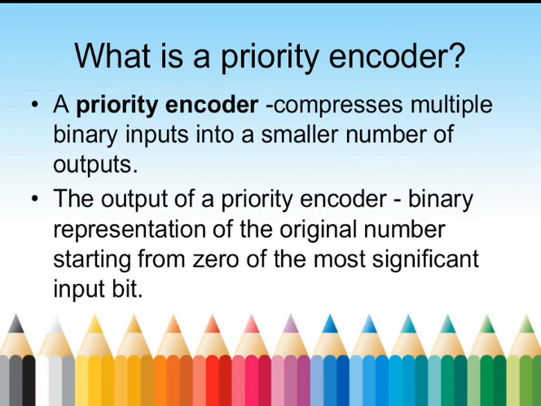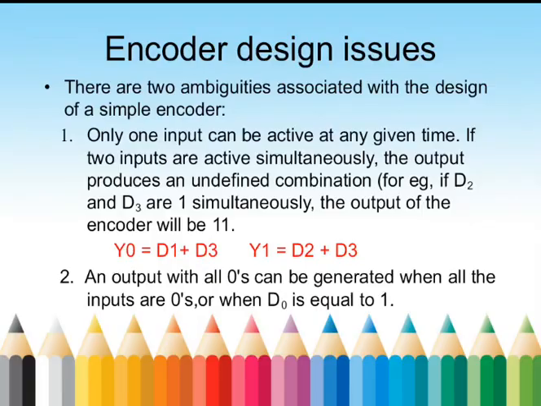Before entering into the discussion, what is the need for this priority encoder? The normal encoder combinational circuit has several drawbacks. These drawbacks can be discussed with a 4 to 2 encoder type. The expressions are Y0 equal to D1 plus D3, Y1 is equal to D2 plus D3.